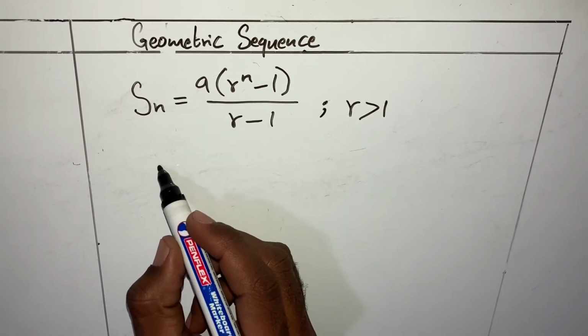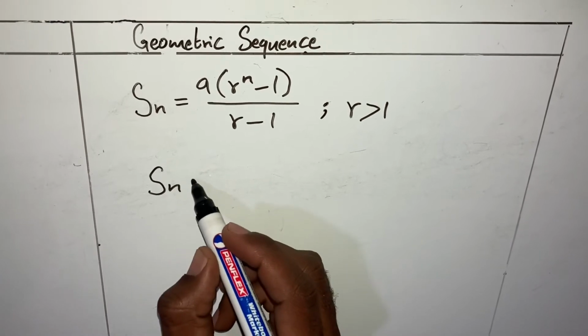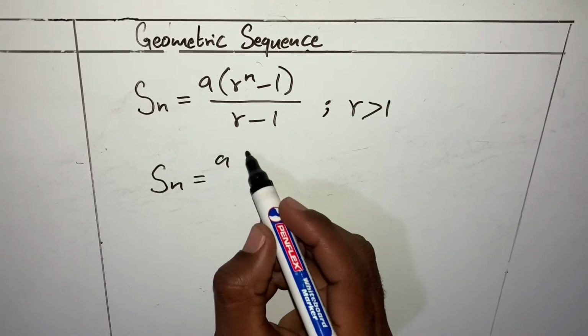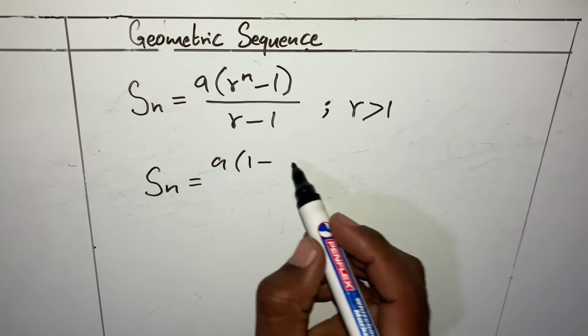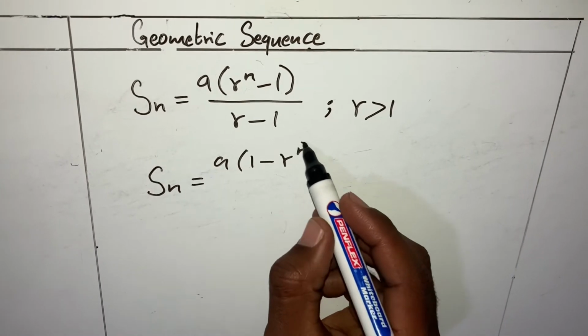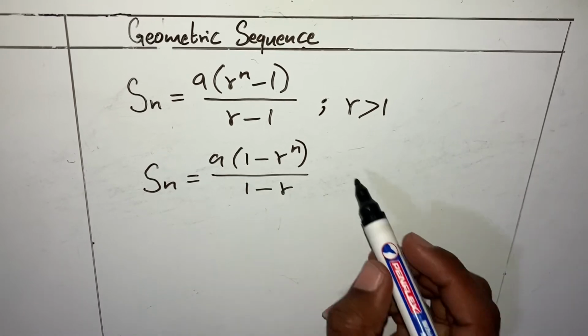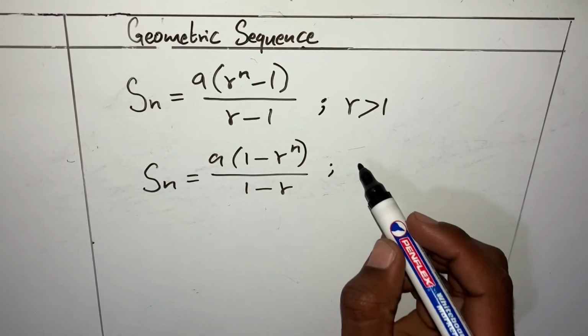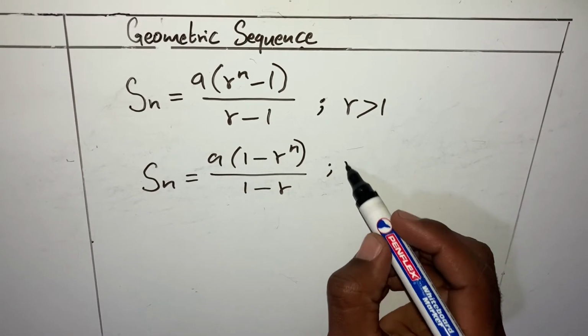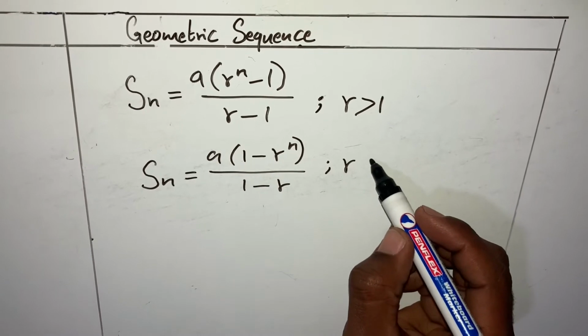Then you have this one, which is Sn equals a(1 minus r^n) over 1 minus r. The condition for this one is that r must be less than 1.